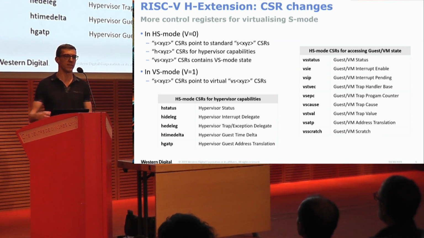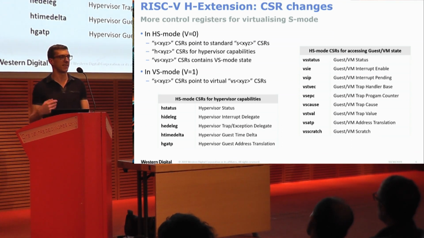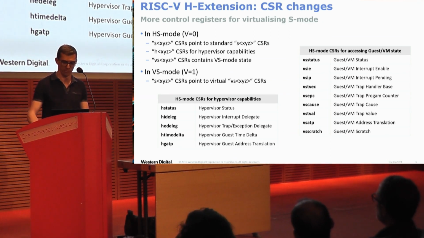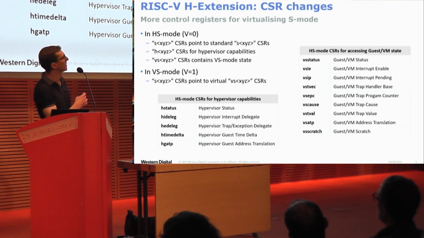This means when your guest runs, it unmodified accesses SCSRs as it always would. But this really translates to just accessing the VSCSRs. So your guest can't touch the hypervisor SCSRs or the HCSRs. And when you swap back, the hardware swaps them back, so the hypervisor can save or restore the VSCSRs as it needs to. And there's a list there of what they look like.